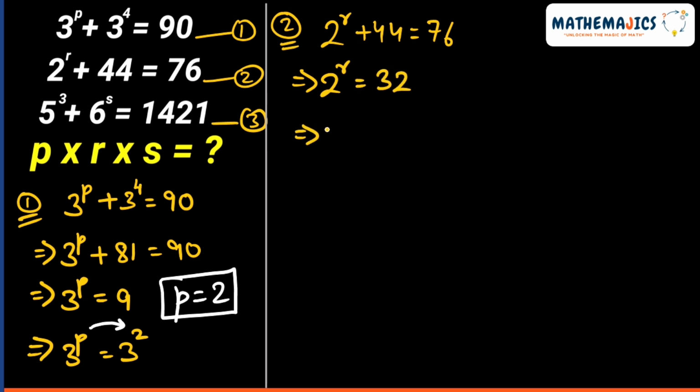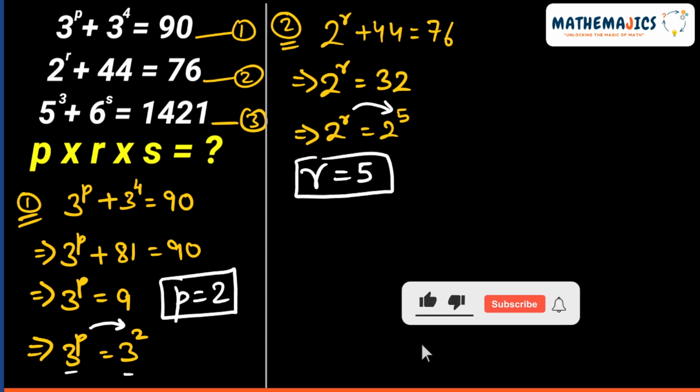Now, what is 32? 32 is nothing but 2 raised to power 5. As I told you in the first part, when the bases are the same and the terms are equal, the powers should be equal to each other. That means R should be equal to 5.